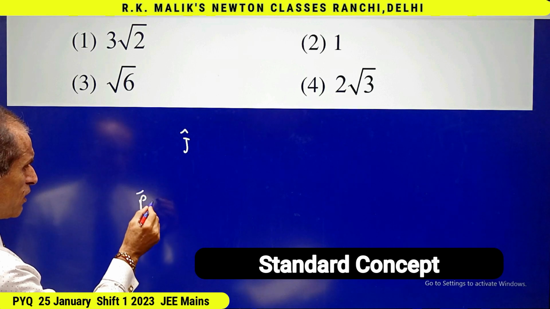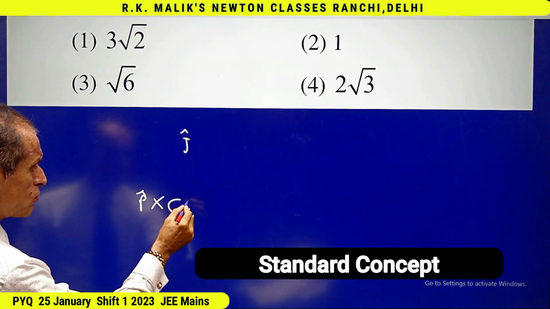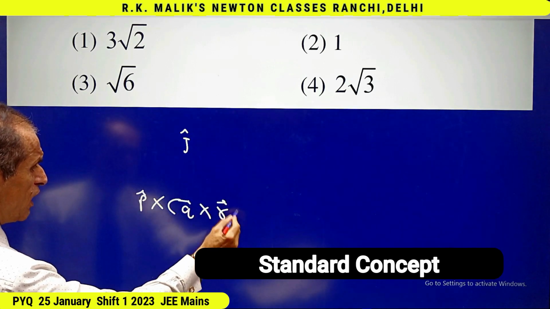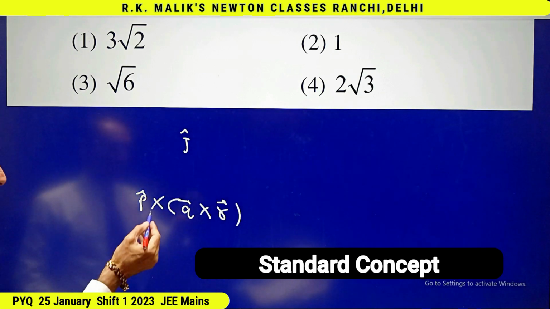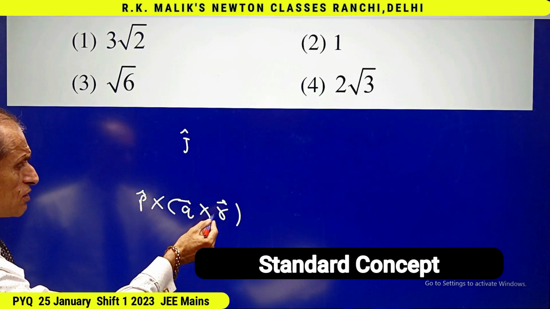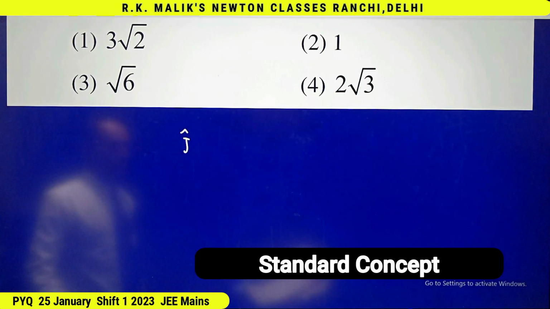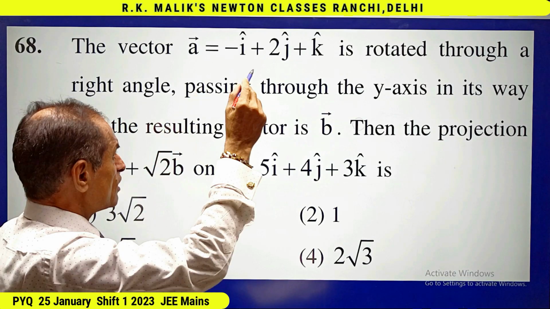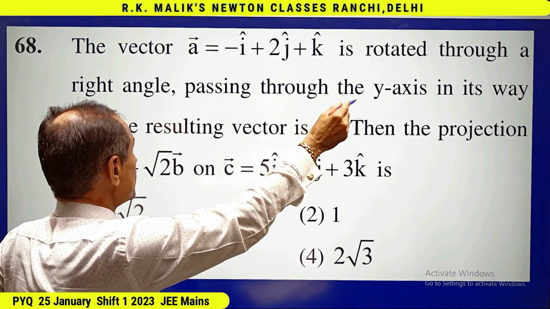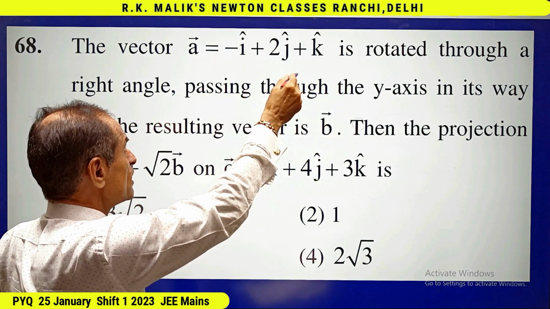And because p cross q cross r is a vector which is coplanar with q and r and is perpendicular to p.